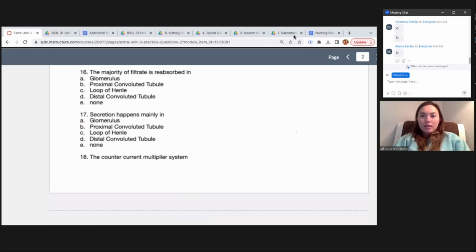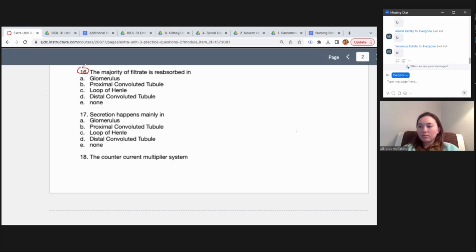All right, question 16. The majority of filtrate is reabsorbed in... Good.